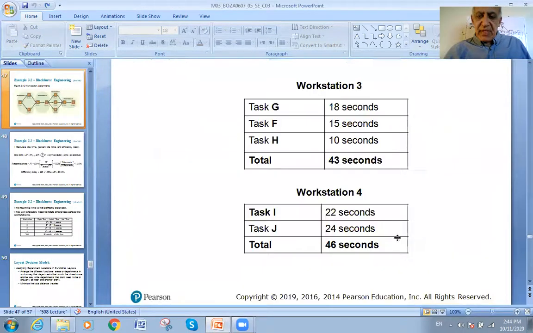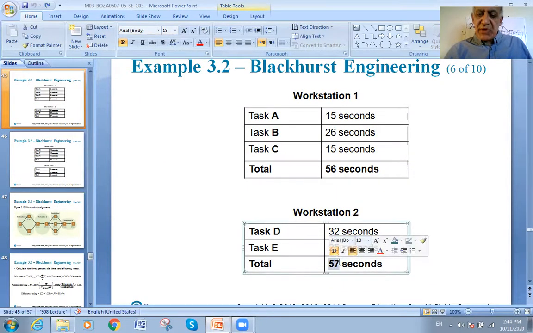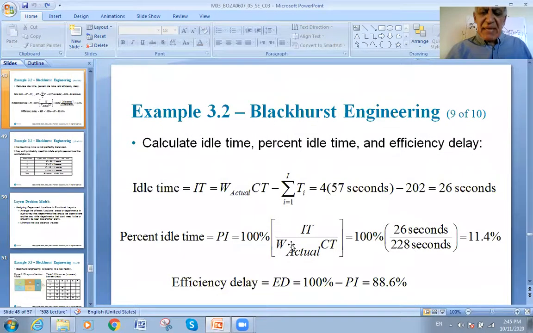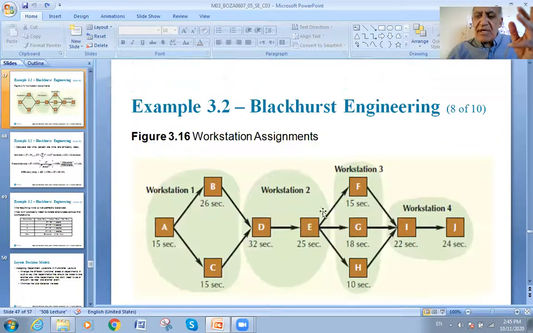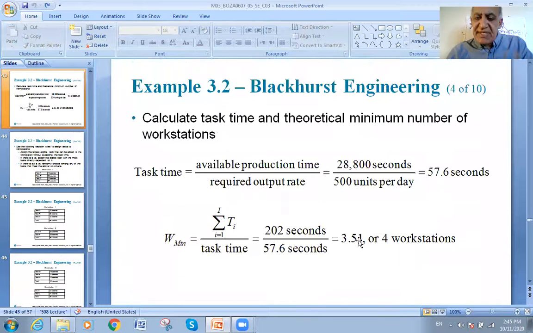This one is the 57 seconds, which is station 2, because it takes D and E, 32 seconds and 25 seconds, which all come to 57 seconds. That's very fine. Then I will multiply them. What did I multiply? 4. 4 is the number of stations, because the result of the first equation gave me 3.51, which we rounded to 4.